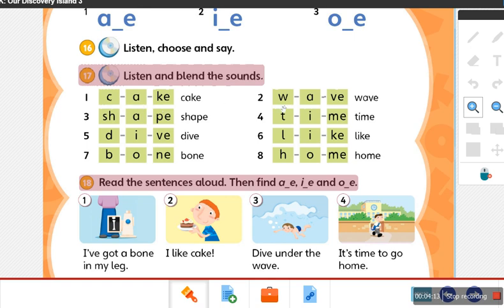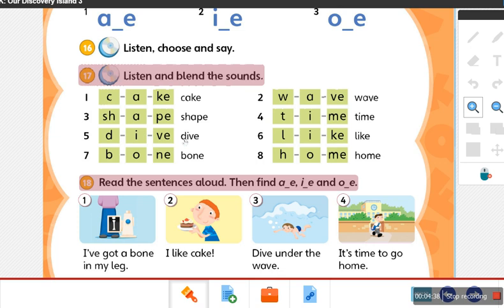Cake. Wave. Number 3, shape. Time. Dive. We do not say div, it's dive.